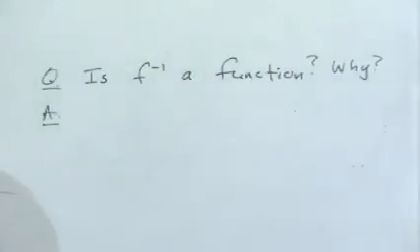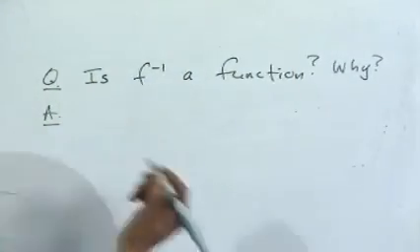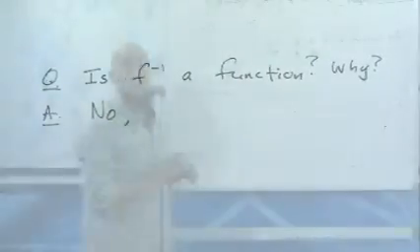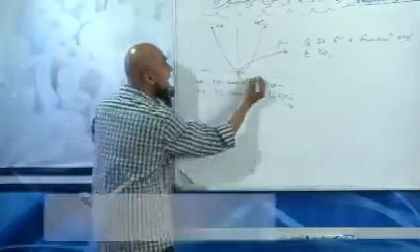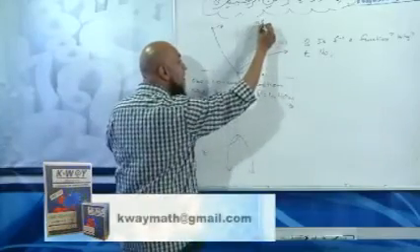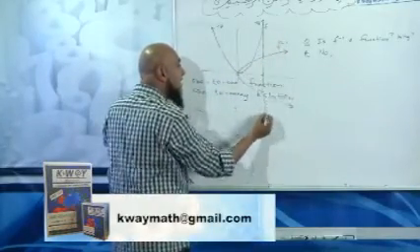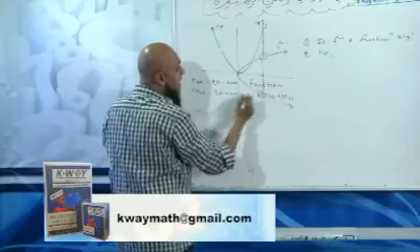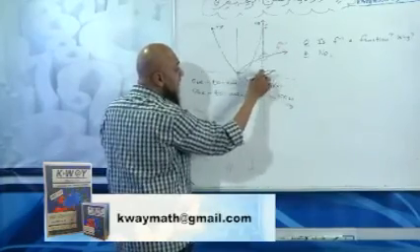Exactly, and you are 100% right. You can't always be wrong. Why is it not a function? If I do the straight line test and draw a straight line here, how many times does my straight line cut this? It cuts it once, it cuts twice. So the inverse is not a function.